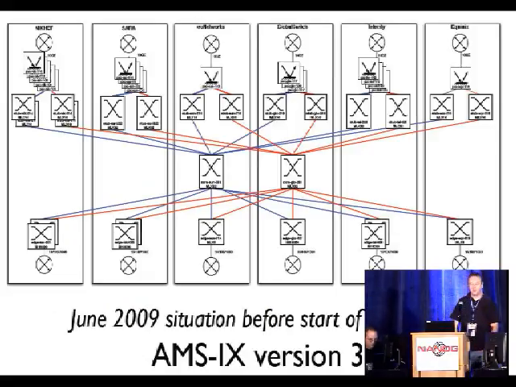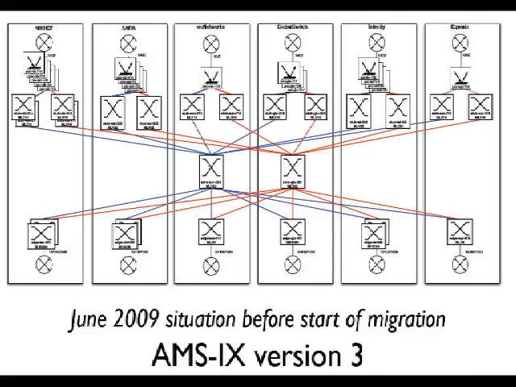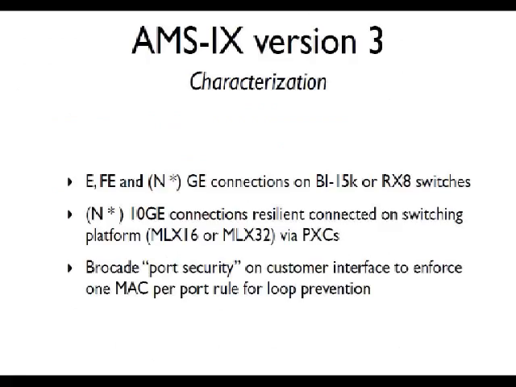So around June 2009, we were still running on AMS-IX version 3, and it looked like this. 6 sites, 2 of the sites had core switches in the middle, and we basically had a red network and a blue network. It's two star networks. These were also accomplished below with some older big Foundry BigIron 15000s and some RX switches.